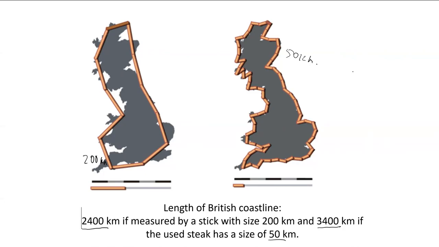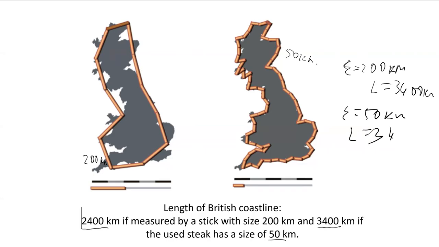So epsilon equal to 200 kilometers, then L is 2,400 kilometers. Epsilon is 50 kilometers, L is 3,400 kilometers.